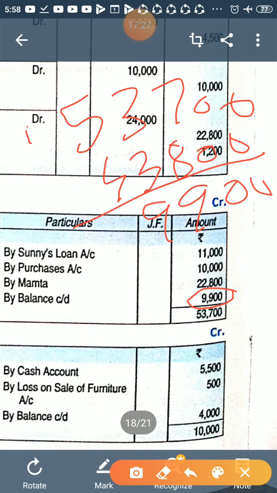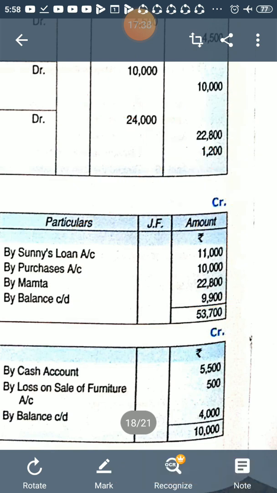We will put the balance on the lower side, because the credit side is lower, by writing by balance CD 9,900 and equate both side balances.